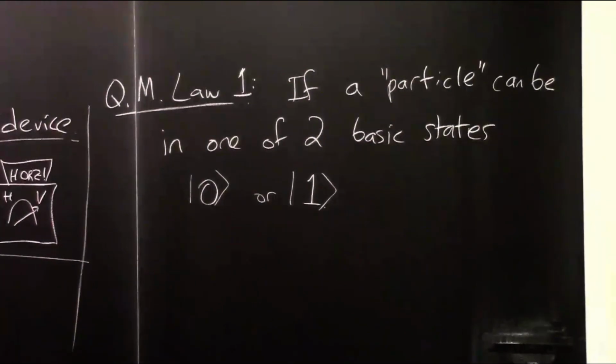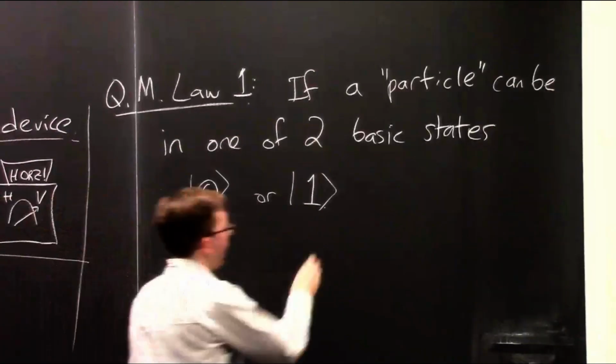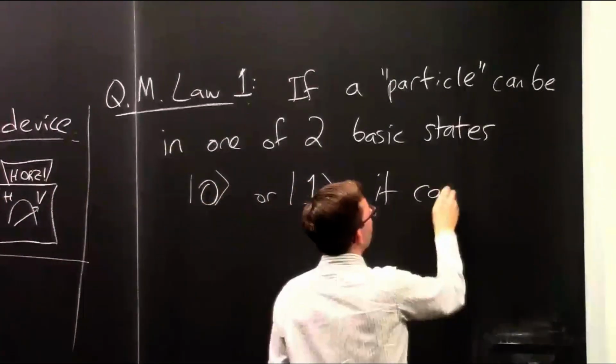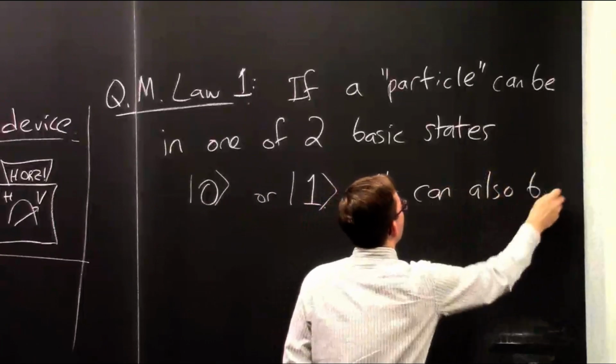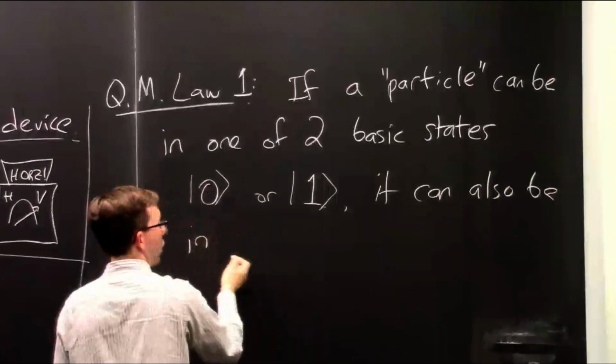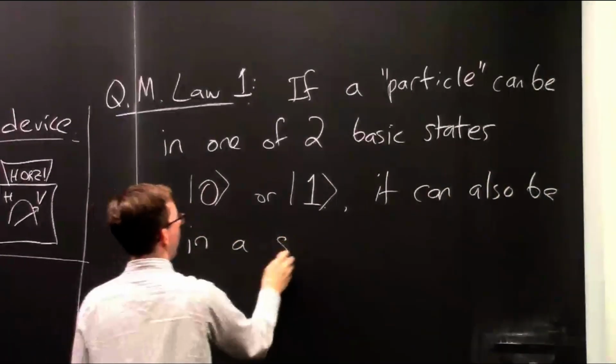If a particle can be in one of 2 basic states, 0 and 1, then it can also be in a so-called superposition of these states.